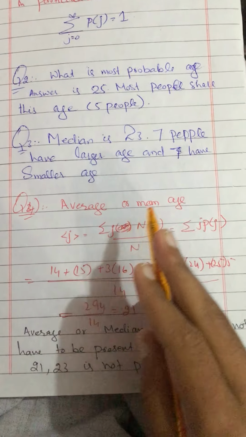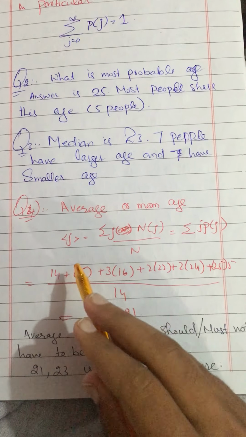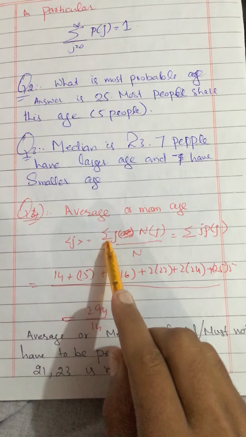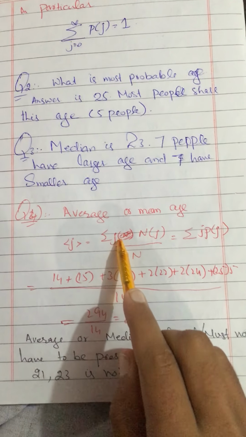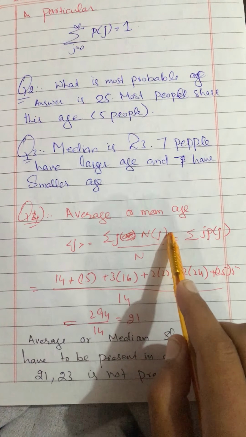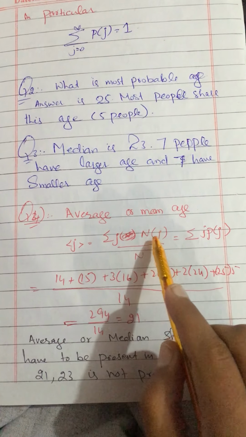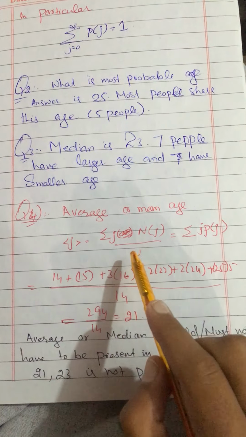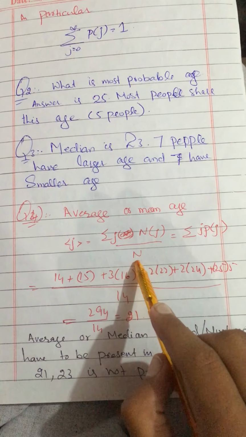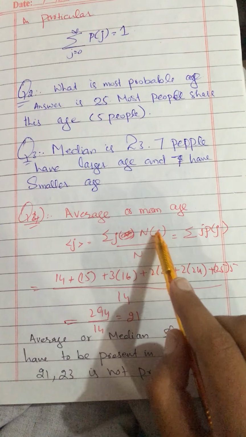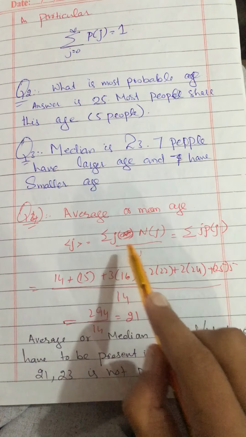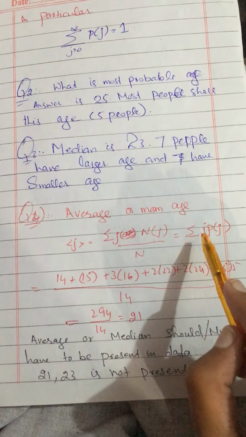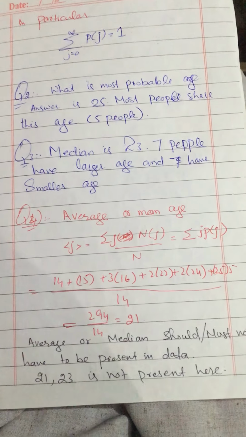Now, what is the average or mean age? This is the formula for the average. The average of the age is equal to the summation of age times the number of people at that age, divided by the total number. As we know, the number at a particular age divided by the total number is the probability. So we can write that the average is equal to age multiplied by its probability.